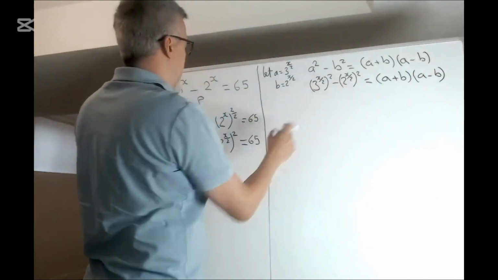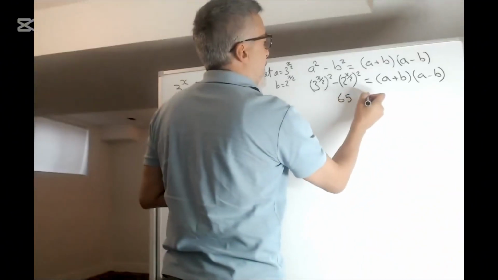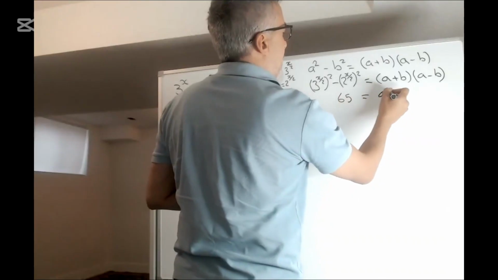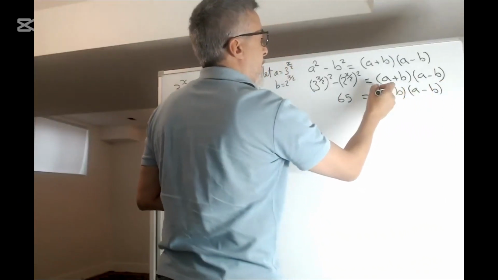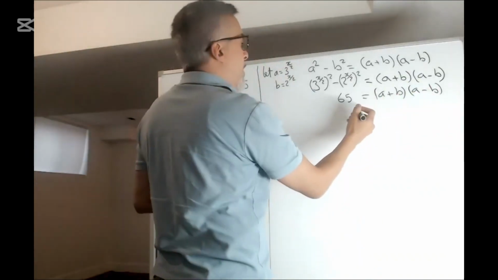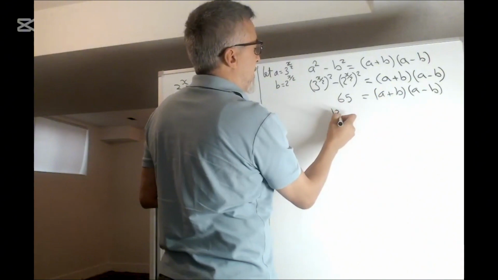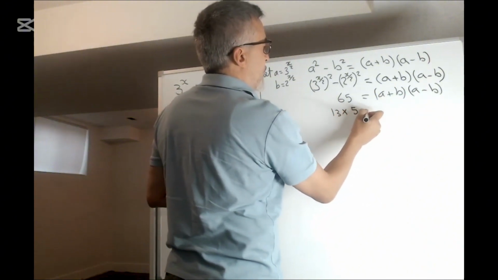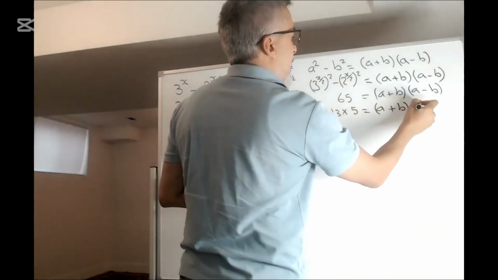Now we know this here equals 65, so I'm just going to replace this by 65 equals a plus b, a minus b. All right, now I'm going to change the 65 to 13 times 5, which gives me a plus b, a minus b.